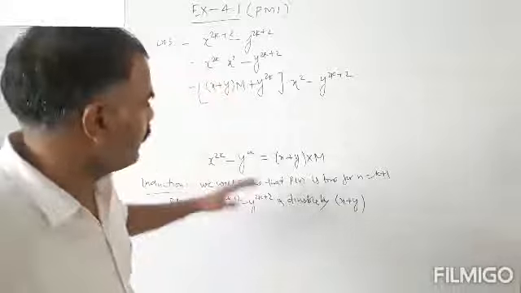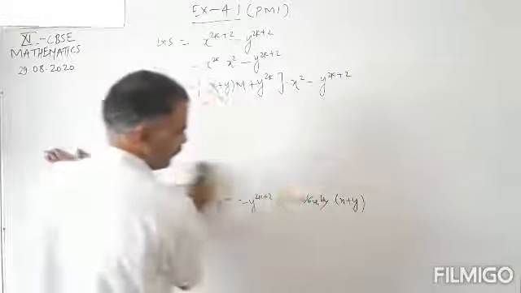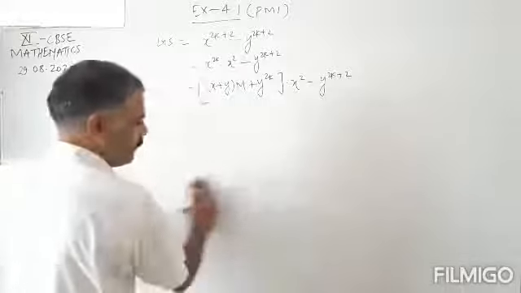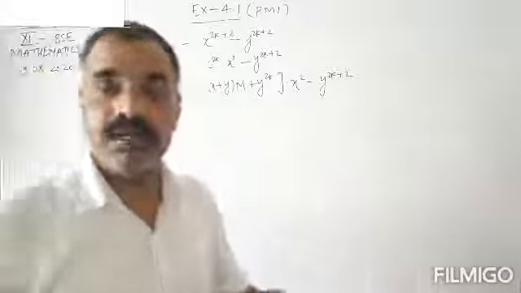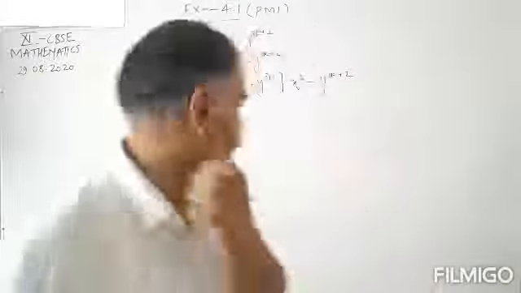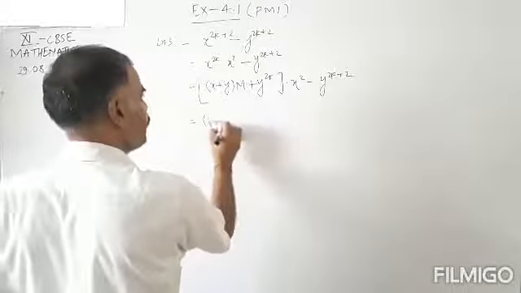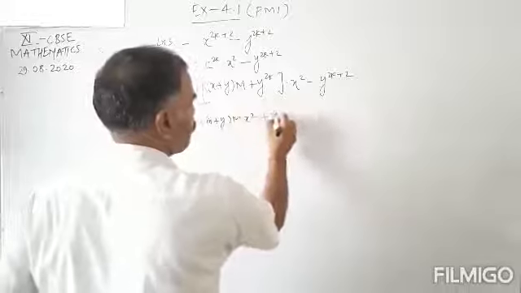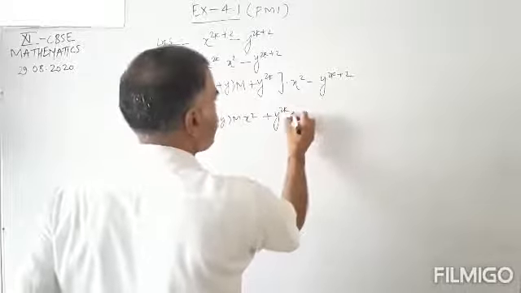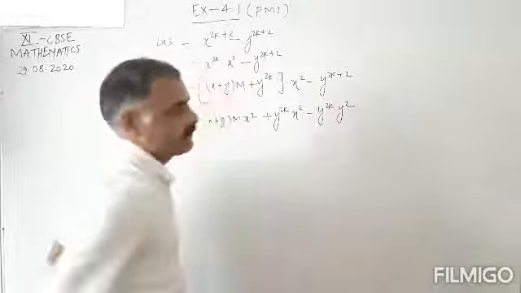Writing down and solving the given expression, this expression should be a multiple of x plus y, or divisible by x plus y. So this can be written as x plus y into m into x square, plus y to the power 2k into x square, minus y to the power 2k into y square.